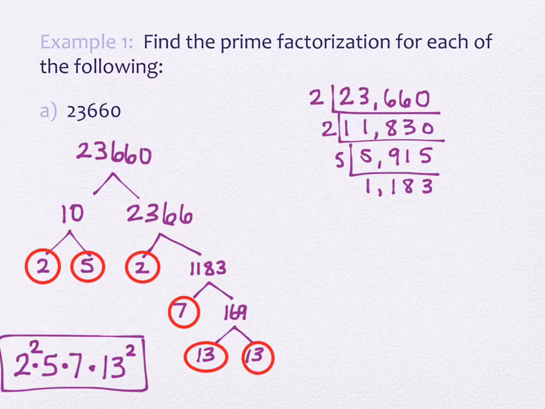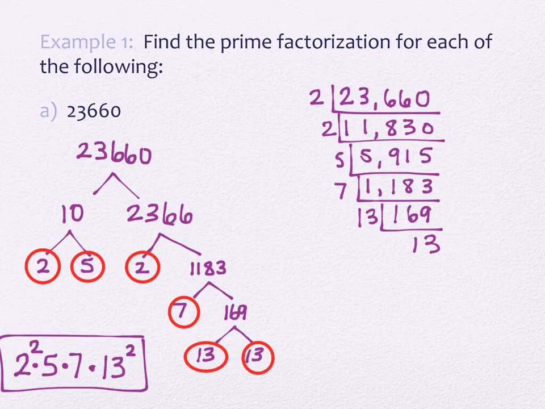So I'm done with testing by 2s, I'm done with testing by 3s. I look at this and I know automatically 5's not going to work. So I move on to 7 and we try, and if we try 7, what do we get? 169. And again, we could try 7 again if we weren't sure, and it won't work. We can try 11 because that's the next prime number, and we find it doesn't work. And eventually we end up at 13.